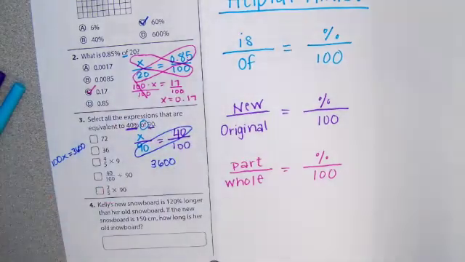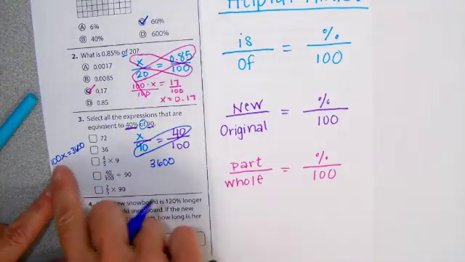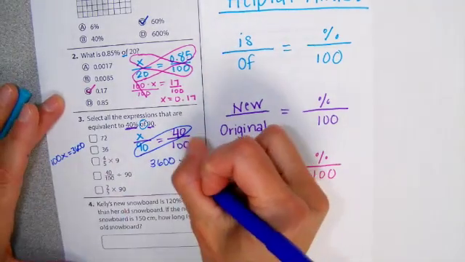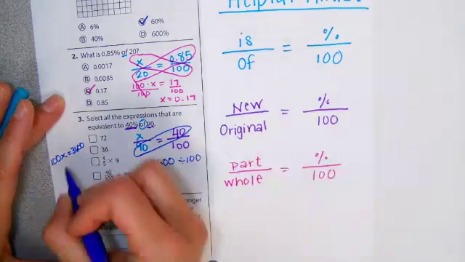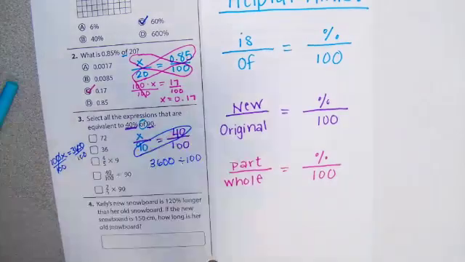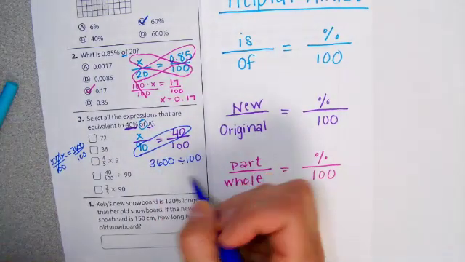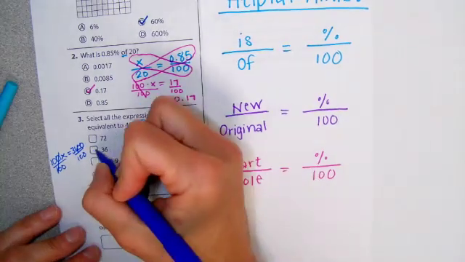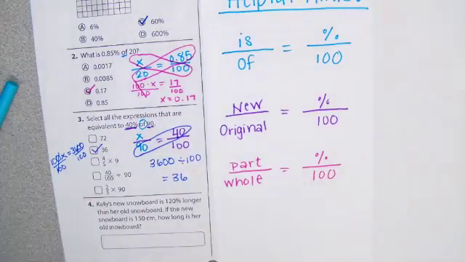And so what happens now is to get that 100 out of there, we have to divide it out. So we're going to divide that answer by 100. This is what's really happening mathematically. Okay, you're dividing both sides by 100. Well, 3,600 divided by 100 is going to give us 36. Okay, so that is for sure an answer.